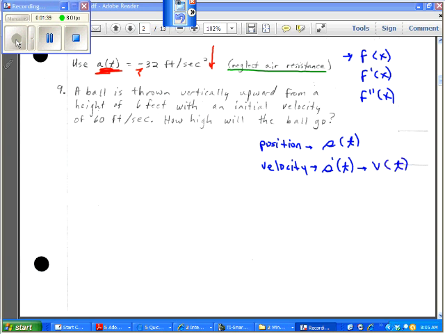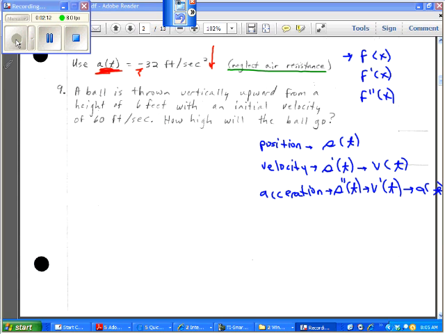So when we take the derivative of the position function, we get the velocity function v of t. And if we were to take the derivative of the velocity function, then we could say that we have s double prime of t, or v prime of t, or we could call it a of t.